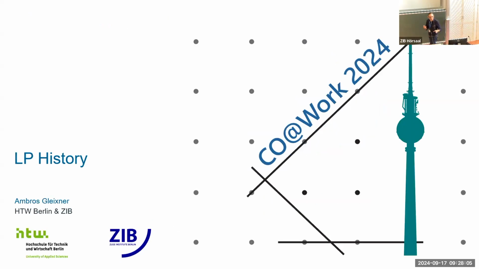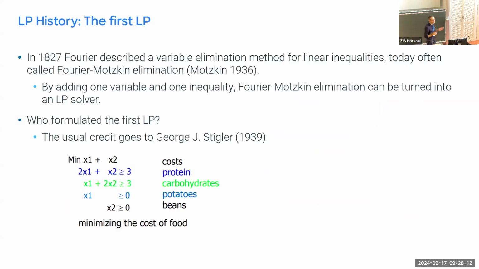Good. But this talk is about LP solving. You've already heard what the first linear program recorded in the literature was, the diet problem by George Stigler. And even before LPs were really around, there were methods to solve LPs, for instance the variable elimination method by Fourier from the 19th century.